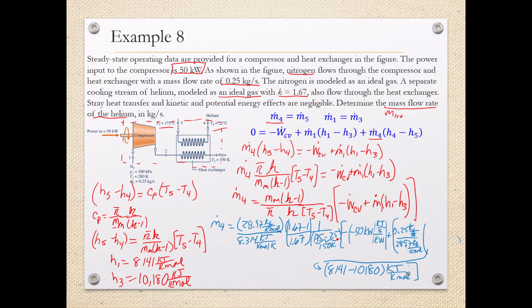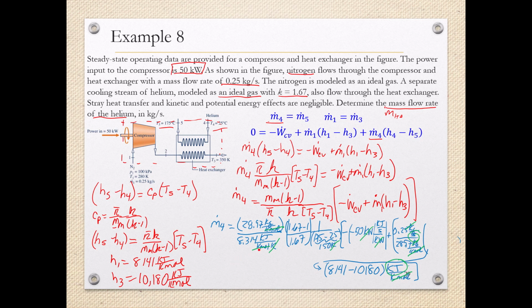Let's cancel some of our units out here. Like I said, Kelvin cancels here, kilomoles cancel, kilowatts cancel, so I have kilojoules per second. And in this one, kilograms cancel, kilomoles cancel, so I have kilojoules divided by seconds, which is what we want.